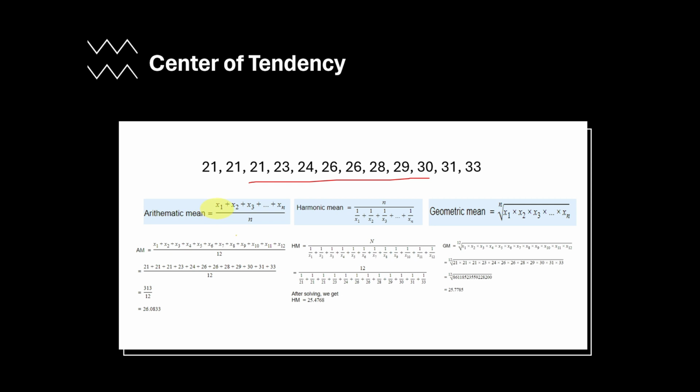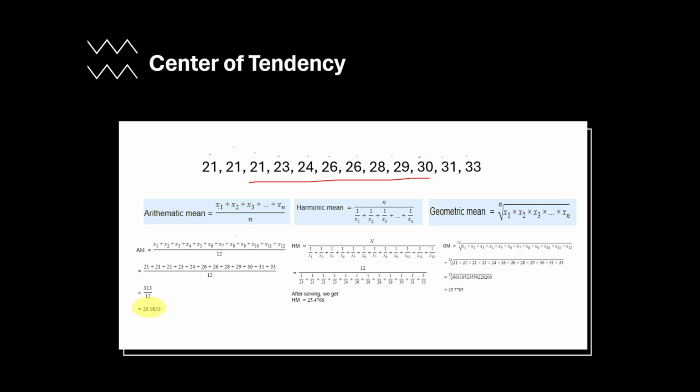For arithmetic mean, x1 plus x2 plus x3 and so on, divided by n. So x1, x2 up until x12, because you have how many values? 12: 1, 2, 3, 4, 5, 6, 7, 8, 9, 10, 11, 12. Add them up and divide by 12. Simple. 313 divided by 12 is 26.083.